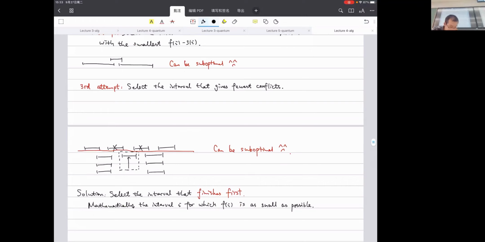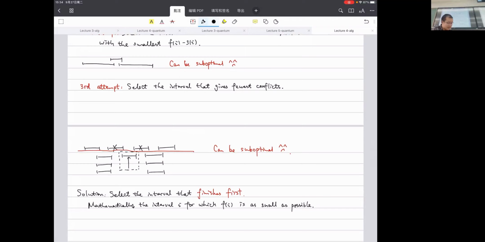For this last example, we can also see the difference between the third attempt, although it is a failed attempt, and our correct strategy that I will prove next, which is the way that we deal with compatibility. If we only brute forcefully choose the strategy that gives the fewest conflicts, it ultimately is not going to give you the optimum. But it turns out that we are cautious enough.